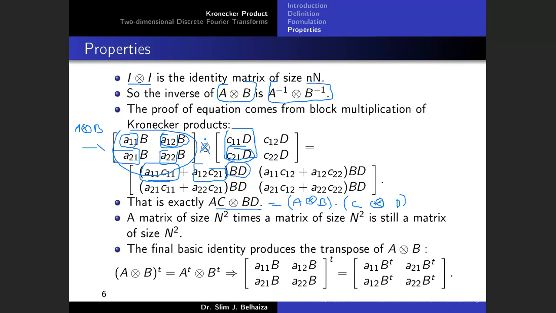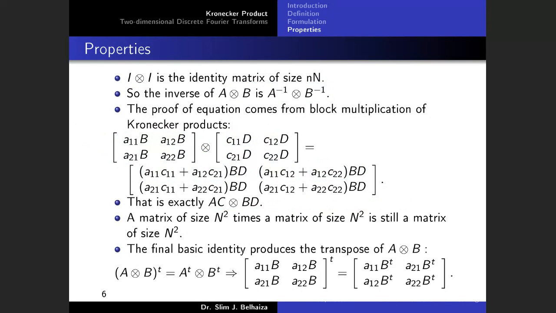Now the next component is the dot product of the first row by the second column. I'm going to have A11 by C12 plus A12 by C22, and of course BD is a common factor at the end. We can check the third item, which is the second row by the first column.